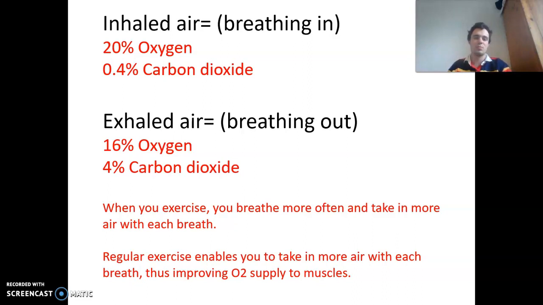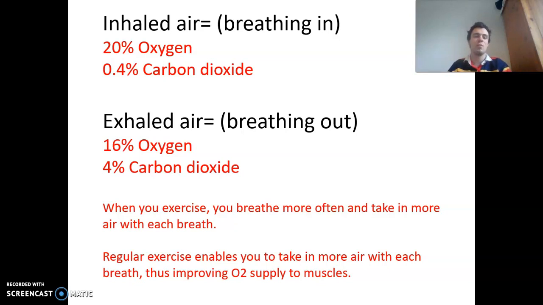When you exercise, you breathe more often and you take in more air with each breath. So that's how our breathing changes in exercise. And you probably notice that when you do a warm-up, you start to breathe a bit heavier. When you're exercising, you start to breathe much quicker. And you might even feel a bit out of breath where you're breathing really heavily.